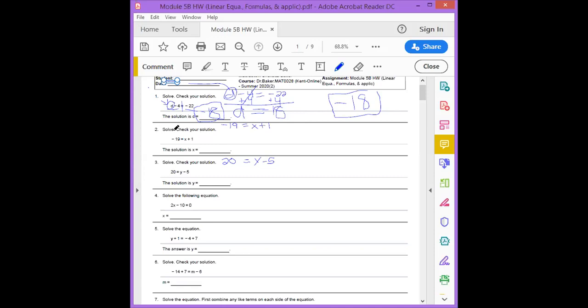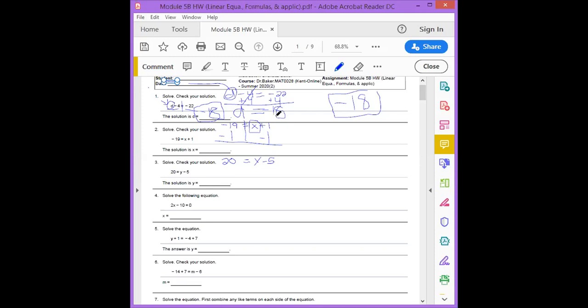For number 2, look at our equal sign, how it divides our left and our right. Now we see our variable, the letter, is on the right side. So we want to get x by itself over here on the right. On the right, we have x plus 1. So in order to get x by itself, we need to do the opposite of adding 1. That's to subtract 1 from both sides of the equation.